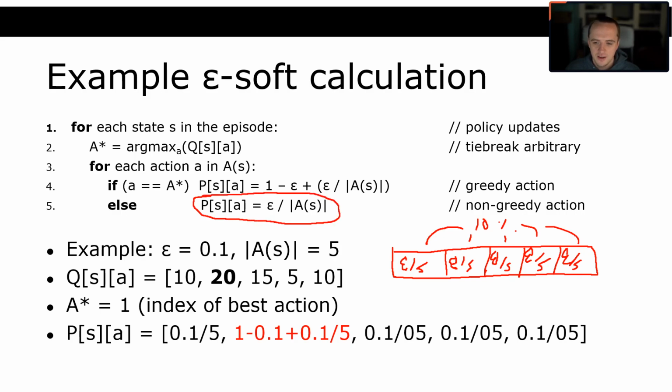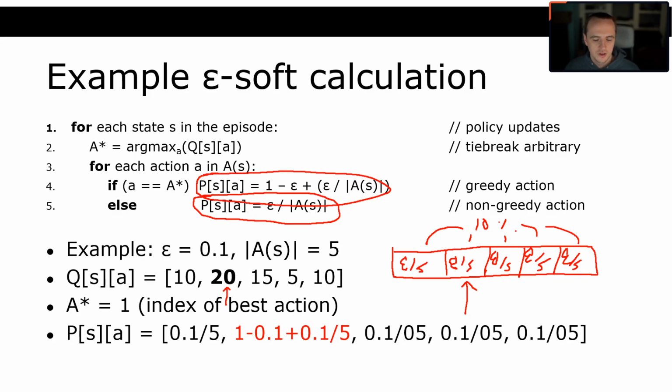Let's say that this is the maximum action for now, because this was the maximum action over here. If it's not the maximum action, we set the probability of it being chosen to epsilon divided by the number of actions, right? So that's the calculation.